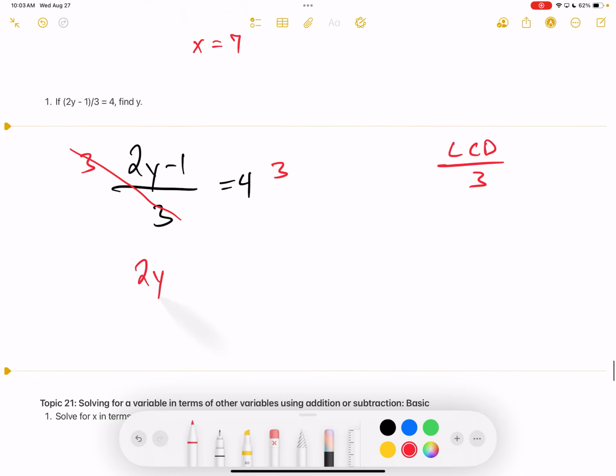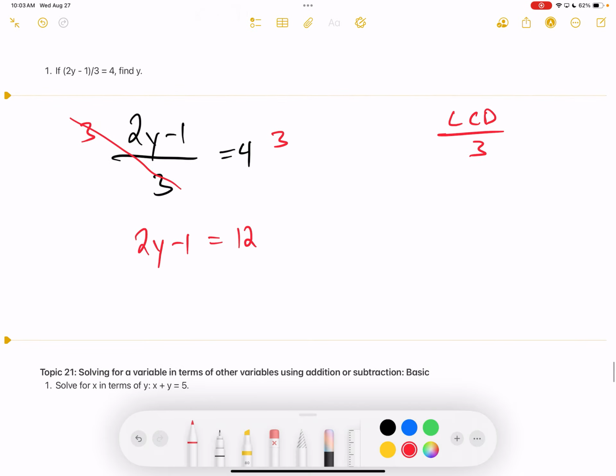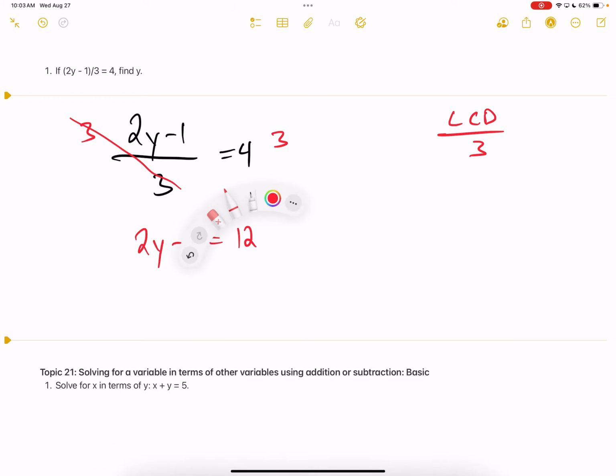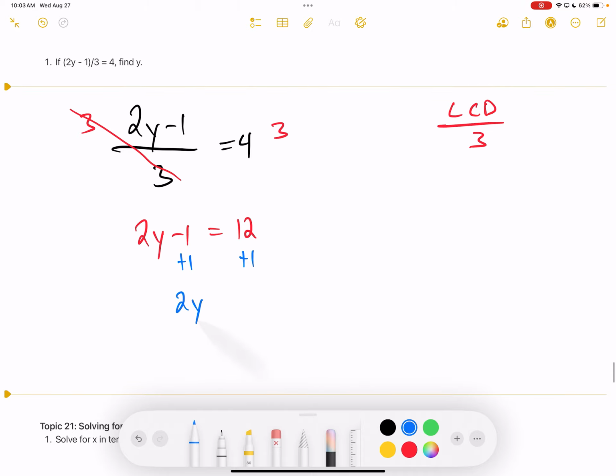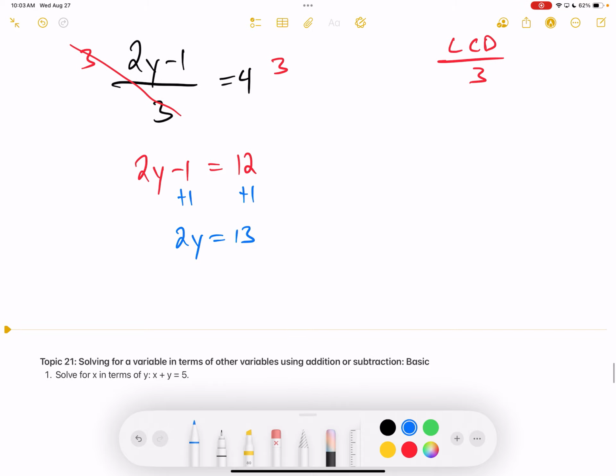So I have 2y minus 1. 4 times 3 is 12. And then to get y by itself, I'm going to add 1 to both sides. So I get 2y equals 13. Divide by 2, and y is 13 over 2. That's fine. Just leave it as 13 over 2.